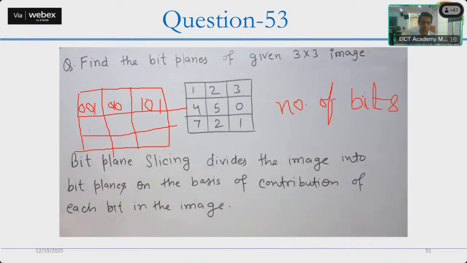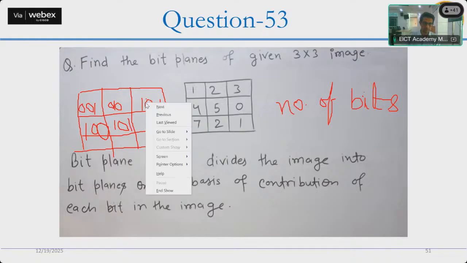What will be this value? This is 1, 0, 0. Here it is 1, 1. Actually, here it's a problem.